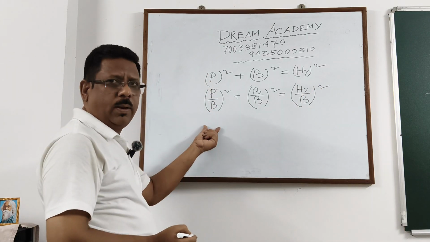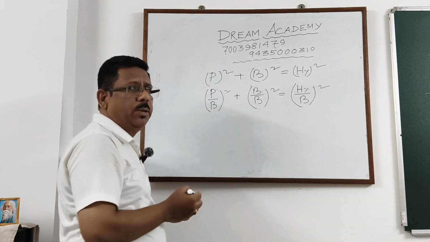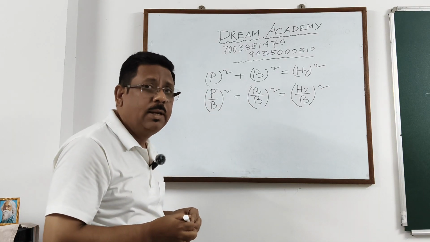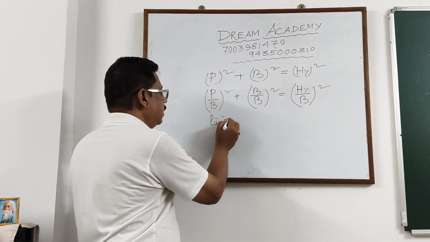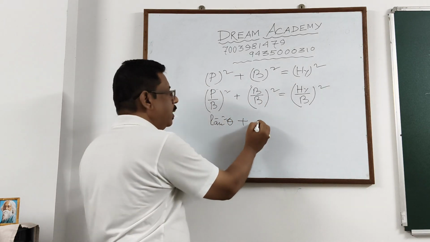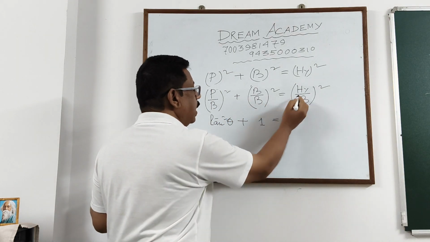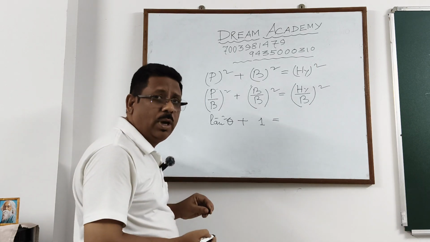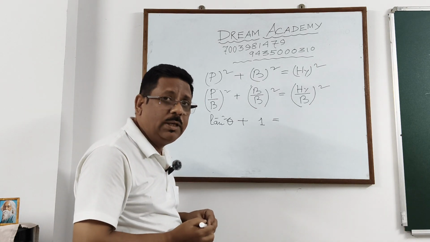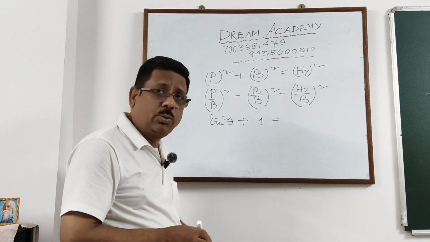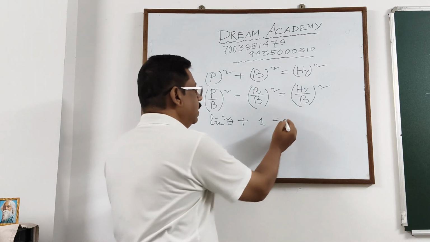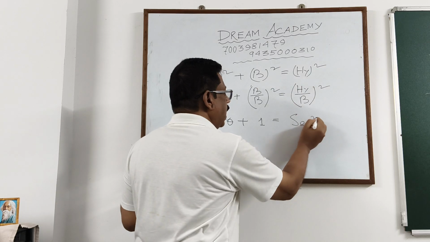What are we calculating? What is perpendicular by base? Tan theta. Yes, tan square theta. Plus base by base is 1, that is 1 square, equal to 1. Hypotenuse by base, the reciprocal of base by hypotenuse, which is cos theta, so hypotenuse by base equals, yes, sec theta. That is sec square theta.